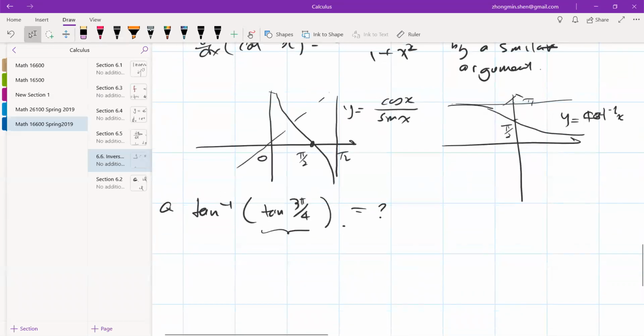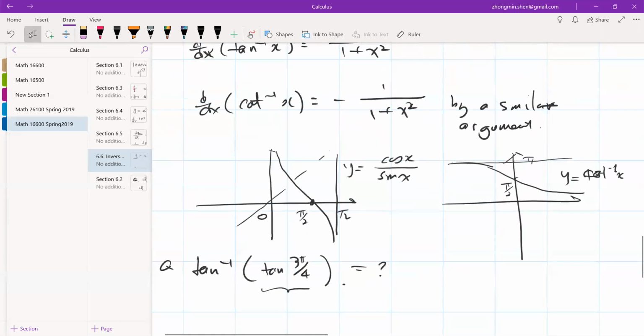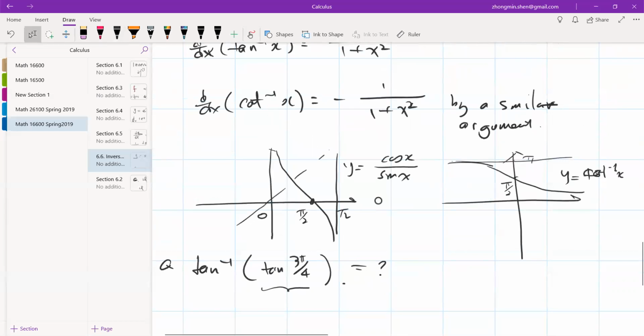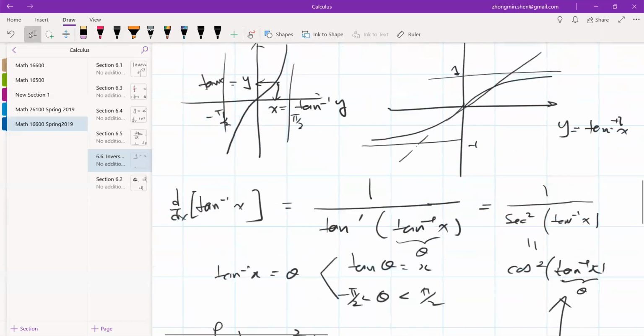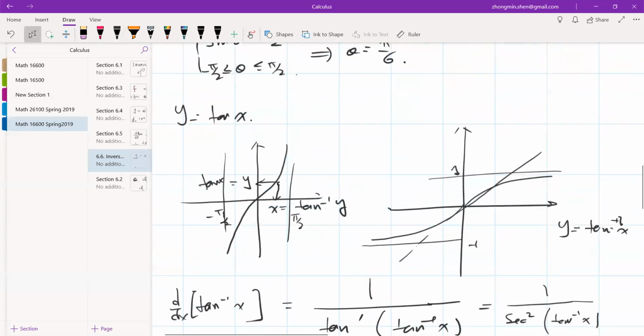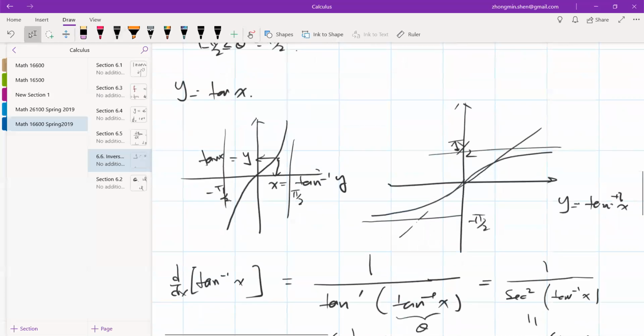This is not going to equal 3 pi over 4, okay? Because for arctangent, the output is always between negative pi over 2 and positive pi over 2. Okay, look at that, right? That was a mistake.